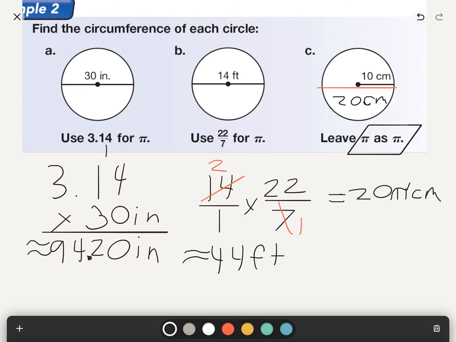Unless you are specifically told to leave pi as pi on any problem, which they usually will not do except when you're doing certain Saxon written practices. Then don't do that. Do either the 22/7 or the 3.14 because this isn't really solving it, is it? You're just saying, I don't know what the value of pi is, but just have it.